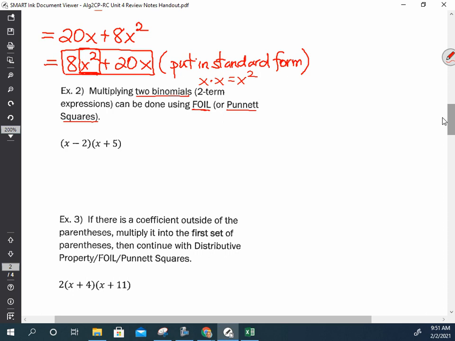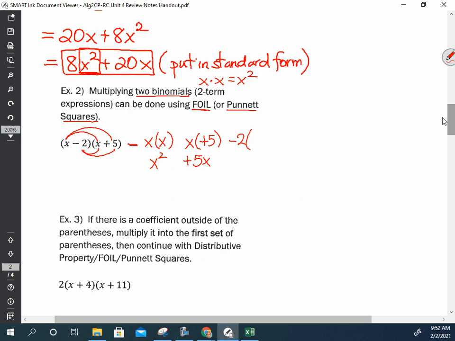So FOIL means first, outer, inner, last. Let's do x times x. X times x, which gives you x squared. X times positive 5, which is plus 5x.